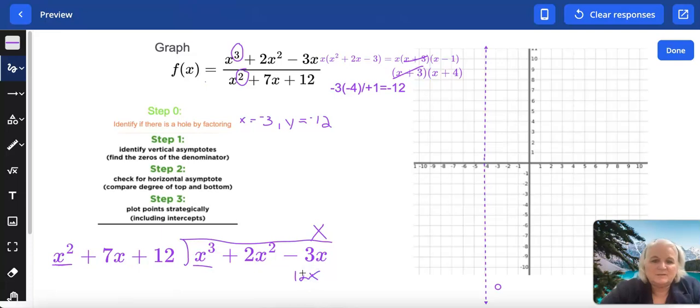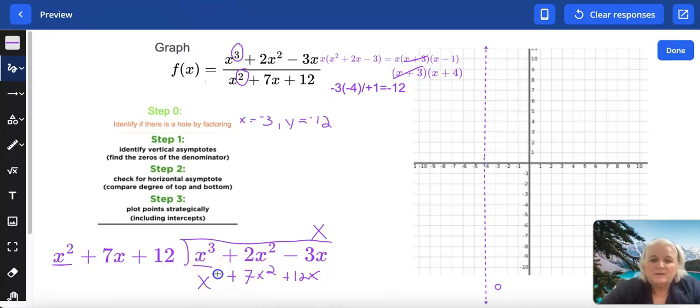Long division was also part of IM2. 7x times x is positive 7x squared, and then x times x squared gives me an x cubed.